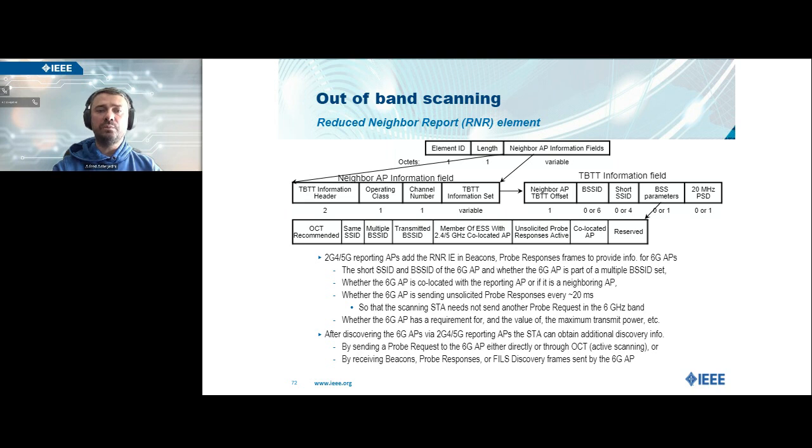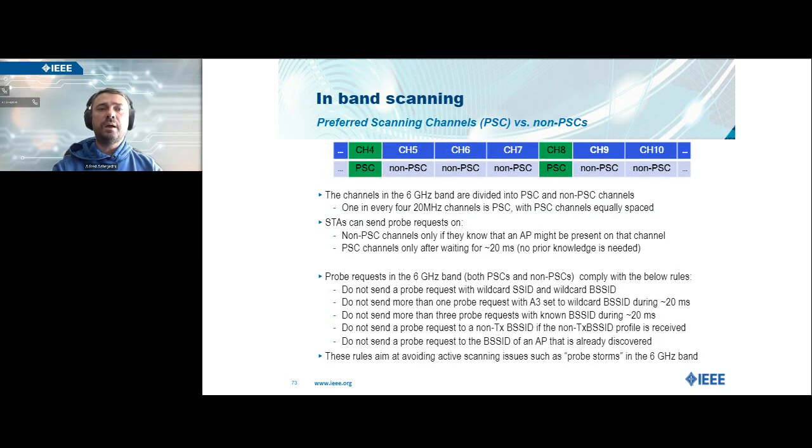To obtain that complete information, you can either send a probe request to the 6 gigahertz AP itself, or probe the co-located AP that is reporting, through OCT for example, to determine the full capabilities and operation mode parameters of that particular AP. Or you can do passive scanning in the 6 gigahertz band itself. So that is out-of-band scanning.